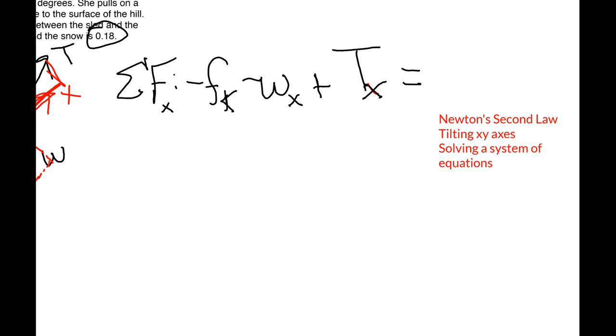But the acceleration in the X direction is 0 because we're told that the boy is being pulled at a constant speed. So instead of setting this equal to MAX, conveniently we can just set this equal to 0. Now let's sum up the forces in the Y direction.